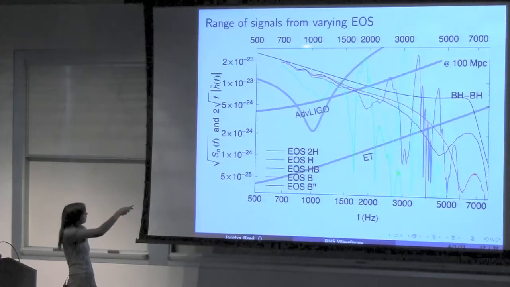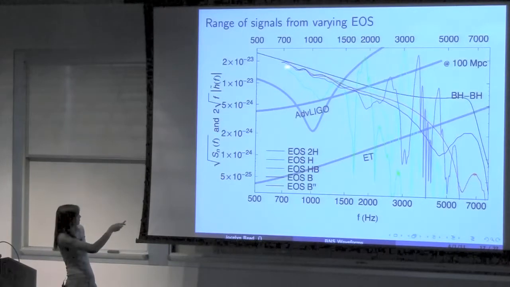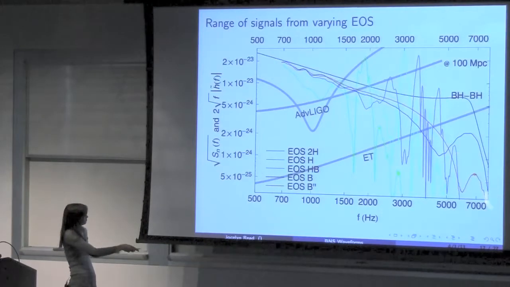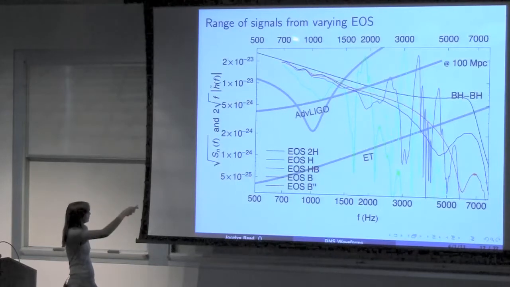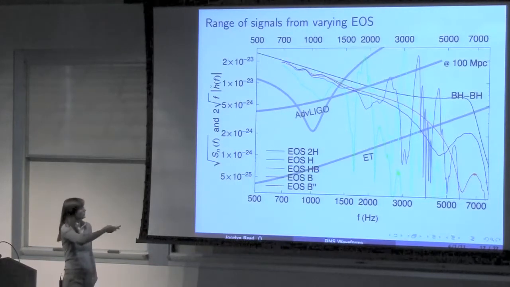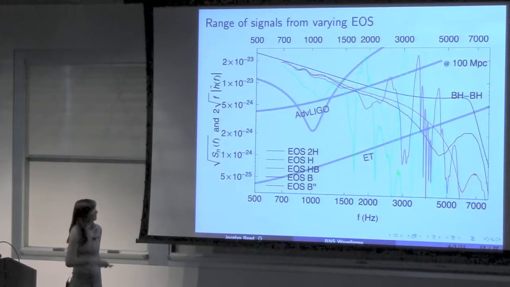The largest neutron star, the 15-kilometer one, is this green one. The smallest one is this red one, and then there are some intermediate ones. So you have a fall-off that gets larger with the neutron star, and then you have these spikes.